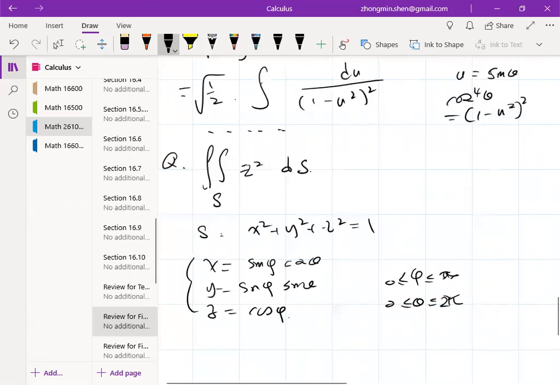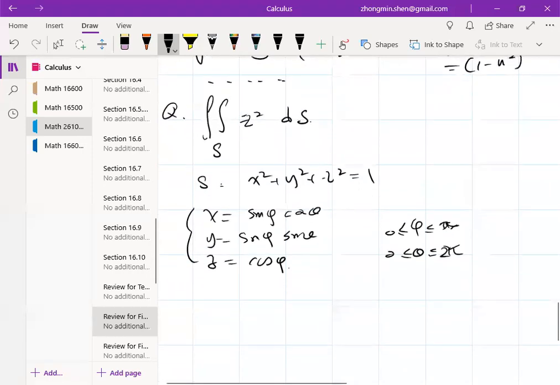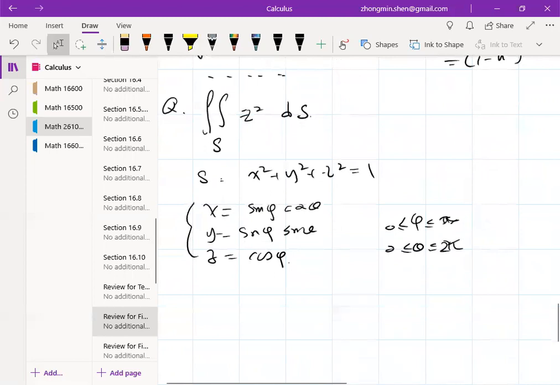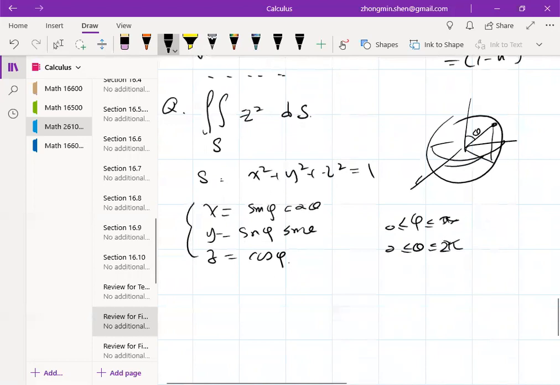It's spherical coordinates, but the radius is fixed. And this is a picture of the sphere: for every point on the sphere, this is phi, and the projection here is theta.